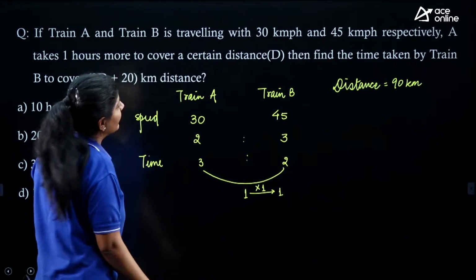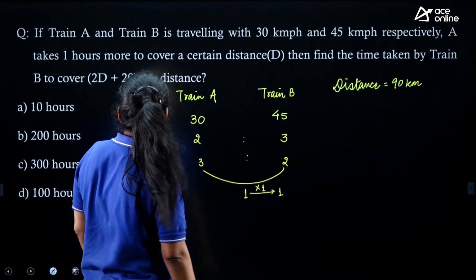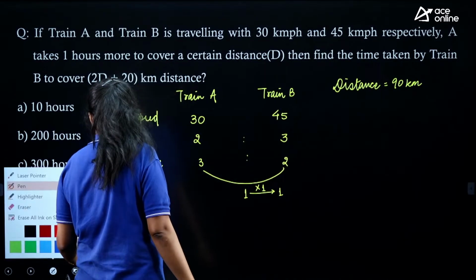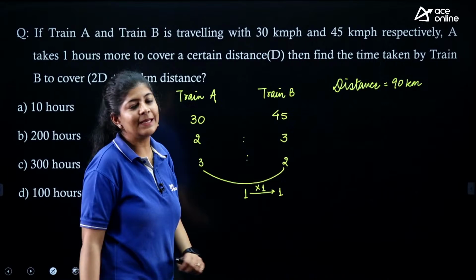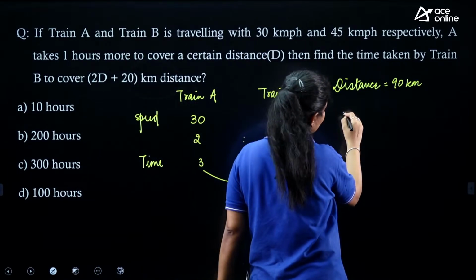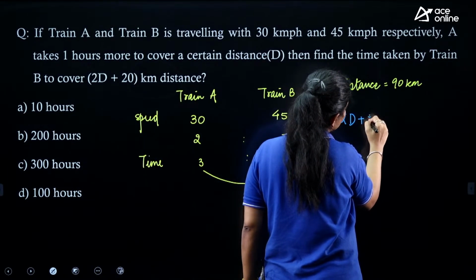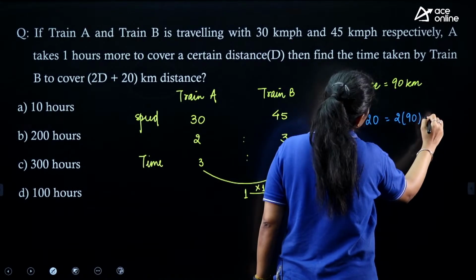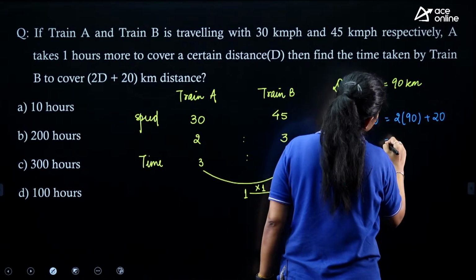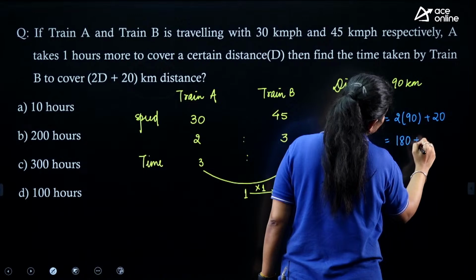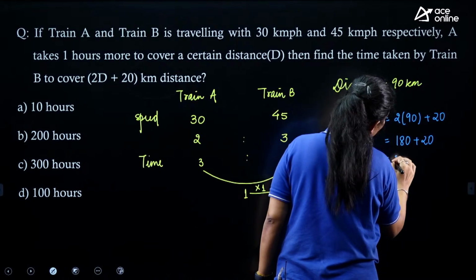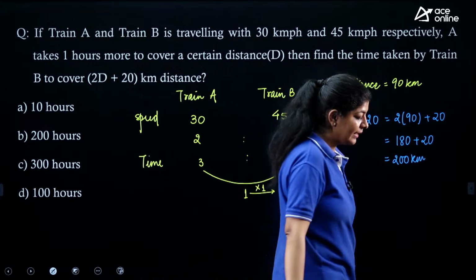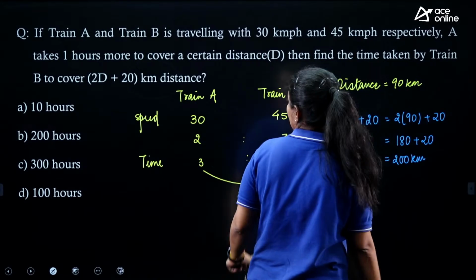Now we need to find out the time taken by train B to cover 2D plus 20. 2D, that means 2 into 90 plus 20. This is nothing but 180 plus 20. That means we need to find out the time taken by train B to cover 200 kilometers.